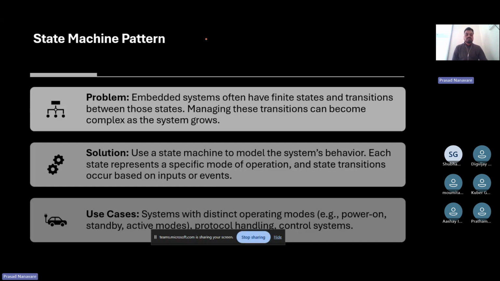So, the state machine: in a state machine, we articulate the machine on paper in the form of states, so that it is easy for us to design and code that machine. Suppose any embedded system for that matter mostly has finite valid or legit states. So suppose these are the states S1, S2. Something like that, the state machine will look like.